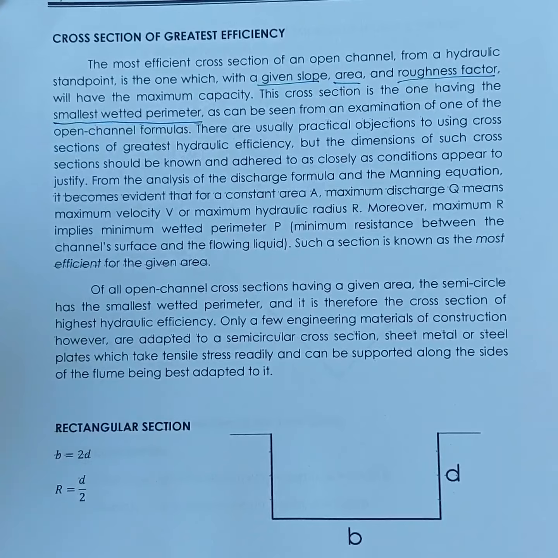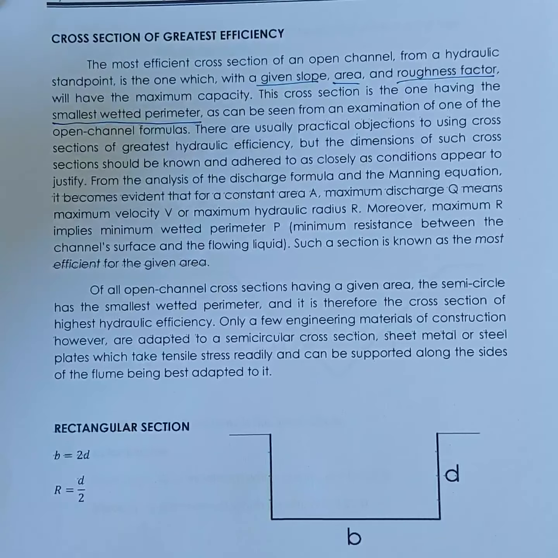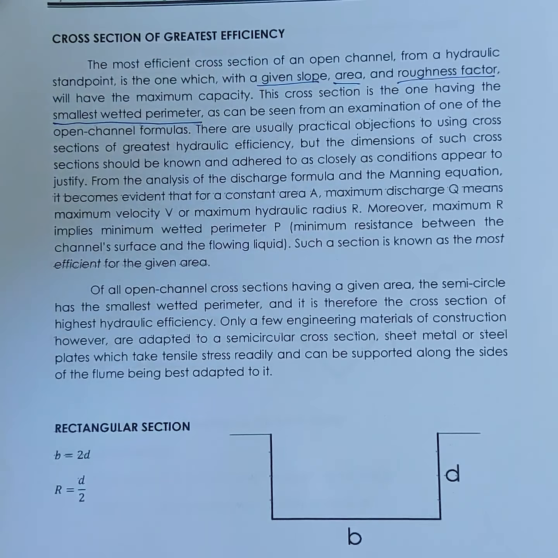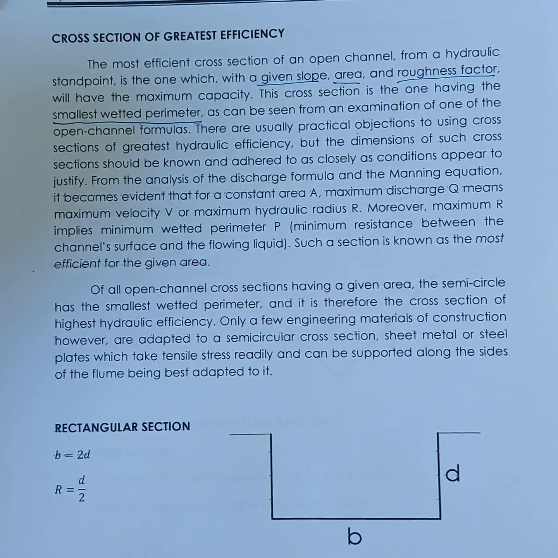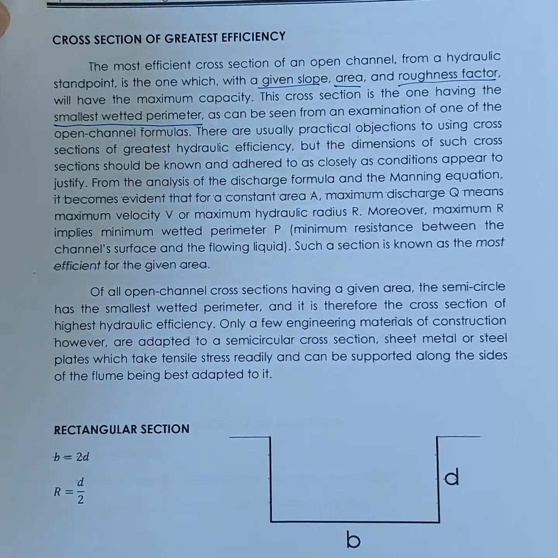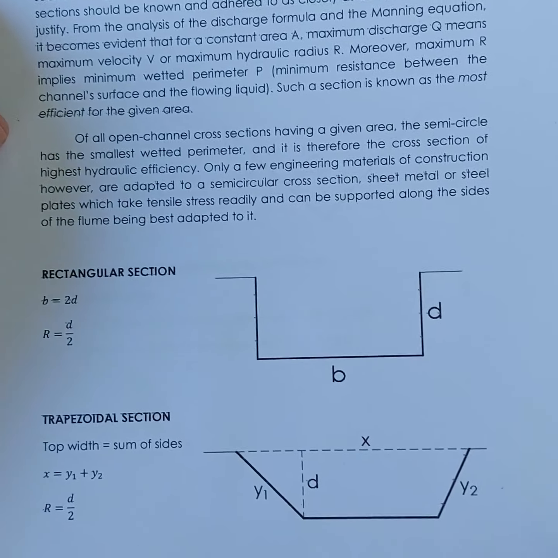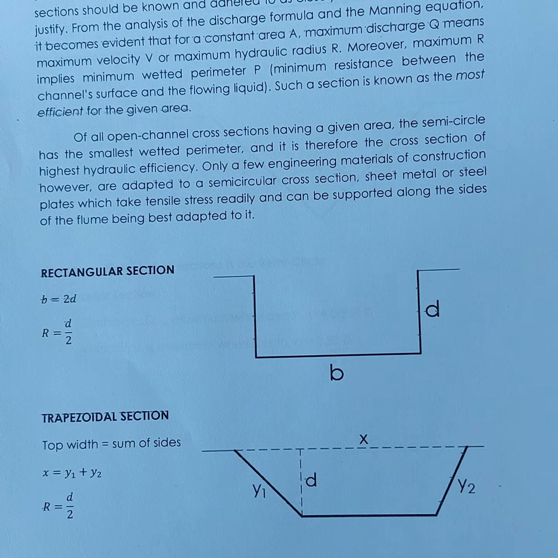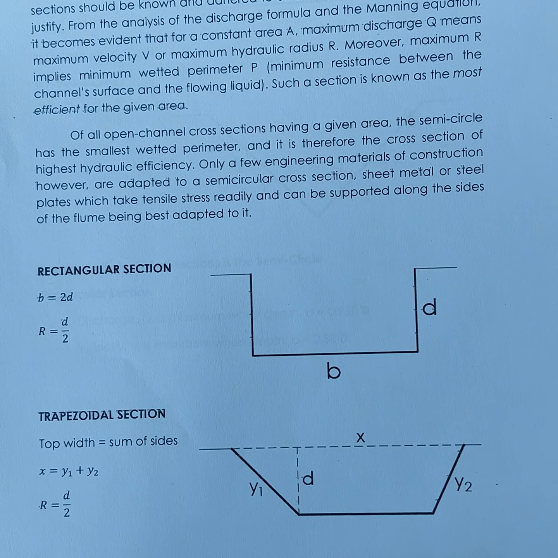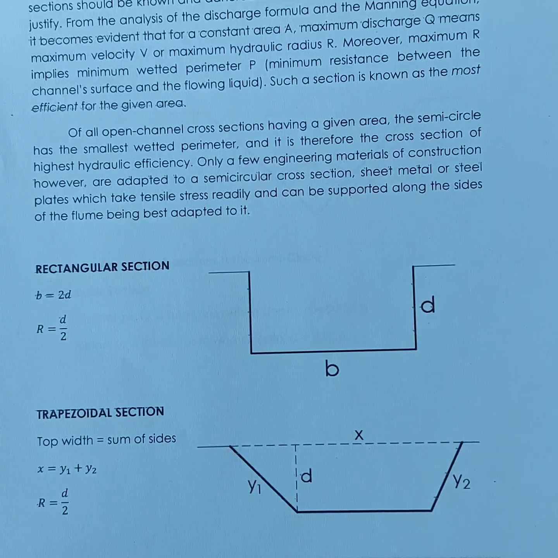Wetted perimeter. So how do we identify or solve for that particular section? For example, we have a rectangular section, so we solve for the dimensions that would give us the section which has the greatest hydraulic efficiency.